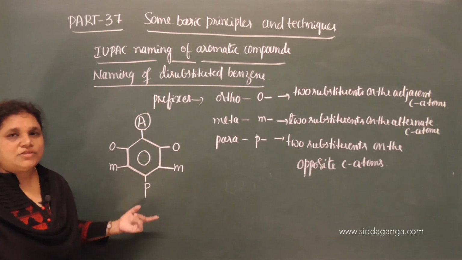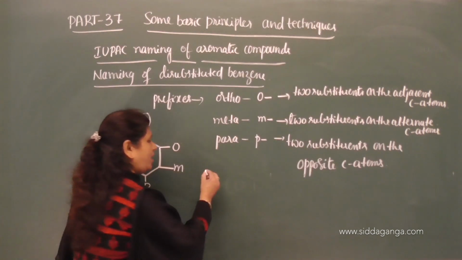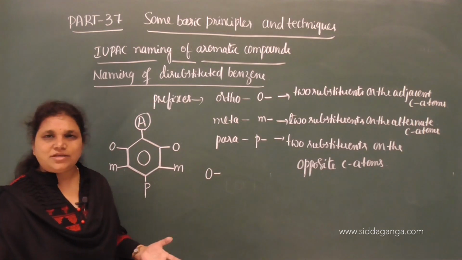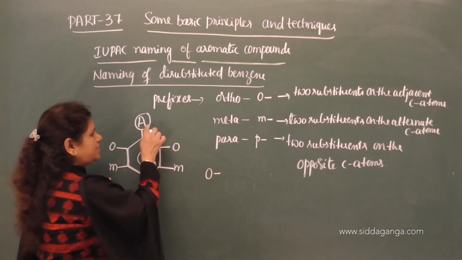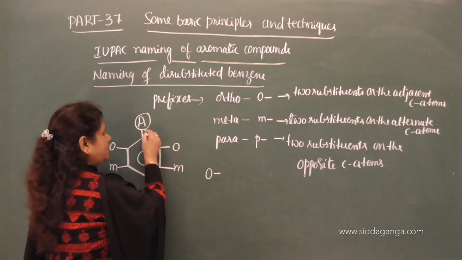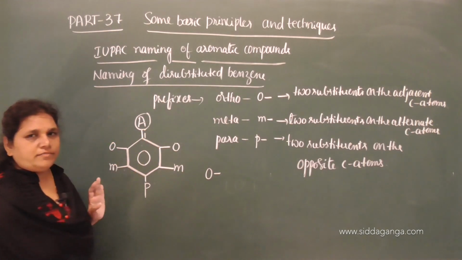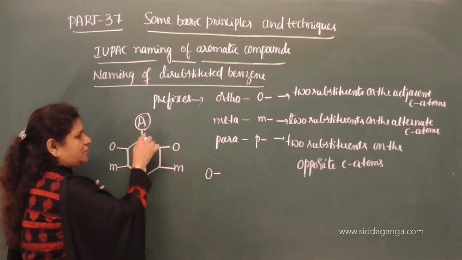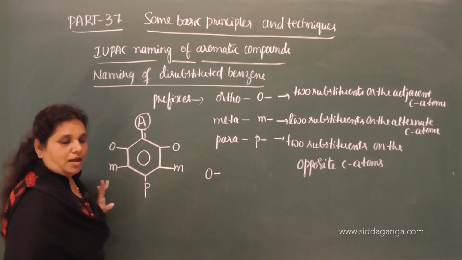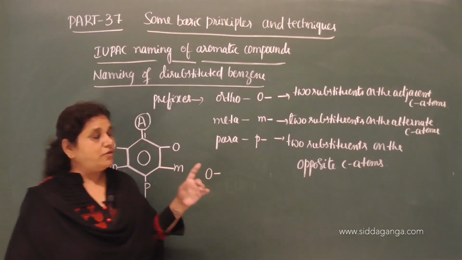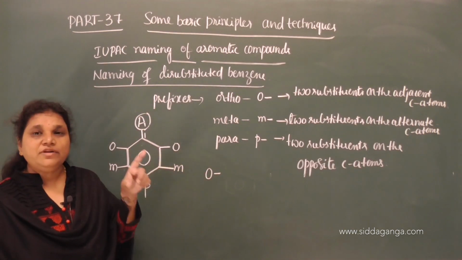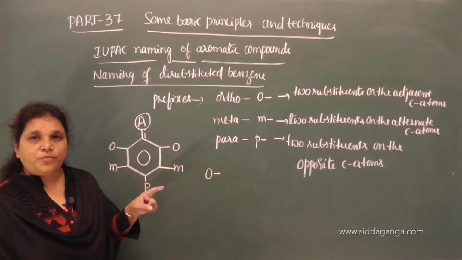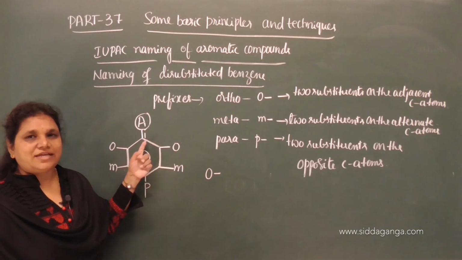So, how to use it for IUPAC name? When ortho position is there, in IUPAC name we need to use the locants. Take the carbon containing this substituent as 1. Carbon containing substituent group or a functional group, you need to give it as 1. And the locant is given on the basis of nature of the substituent. ಅದು substituent group, functional group ನೋಡಿ ನಾವು locants na assign ಮಾಡ್ತೀವಿ.